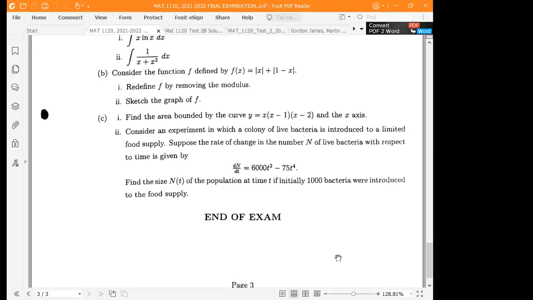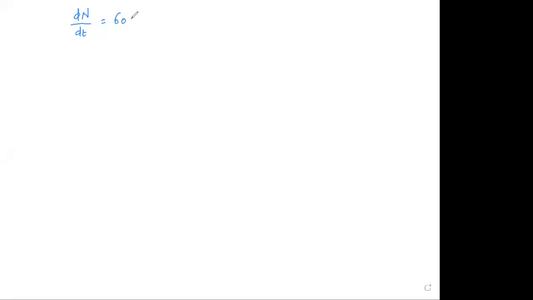So we have dn/dt equal to 6,000 t squared minus 75 t to the power 4. So we'll have to integrate this on this side with respect to dt.